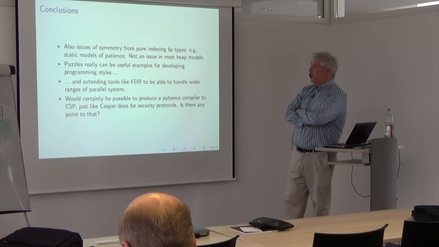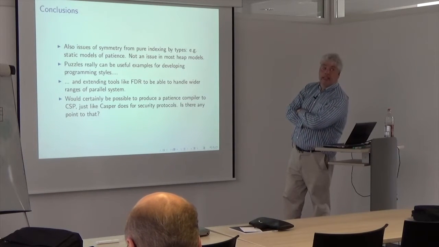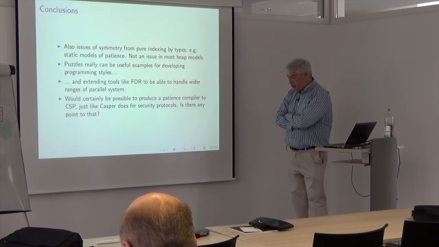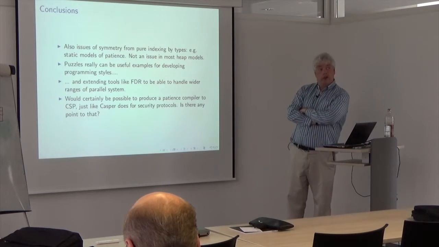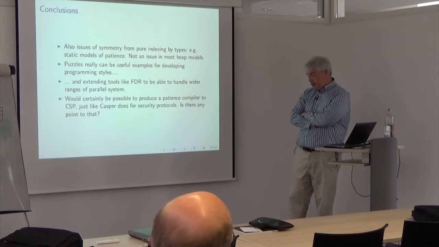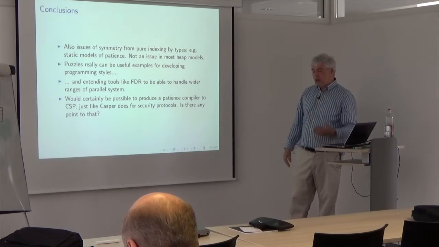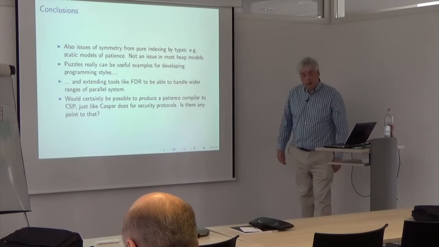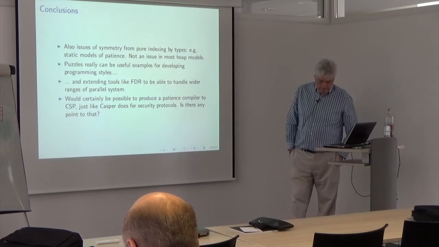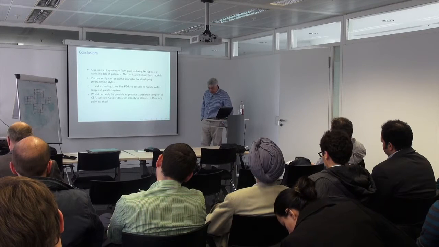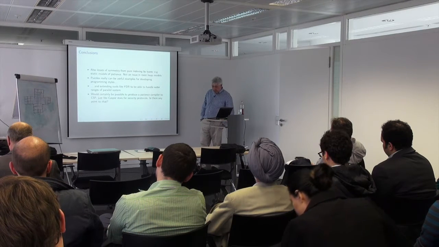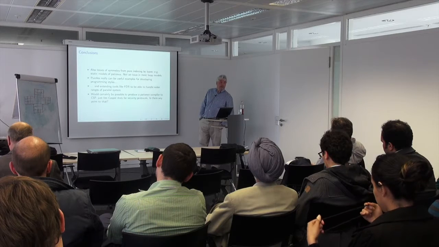Now, of course, one of the things that we did back in the 90s, when we first started to build CSP models of cryptographic protocols, was that Gavin Lowe, who I talked about earlier, produced a compiler which, given an abstract description of a cryptographic protocol, would automatically generate the CSP file for you.